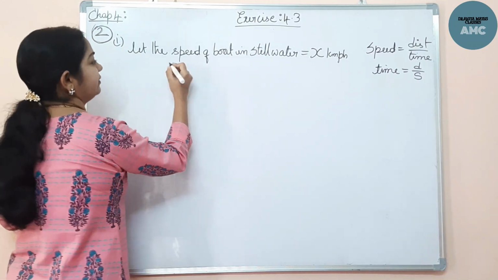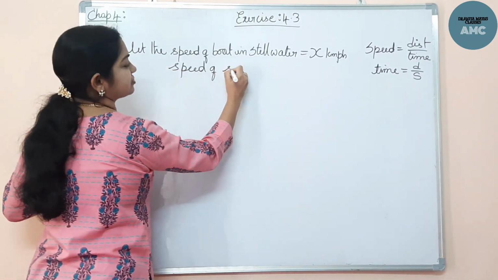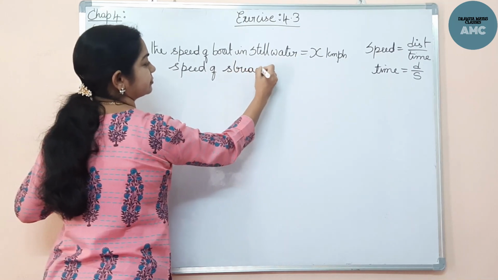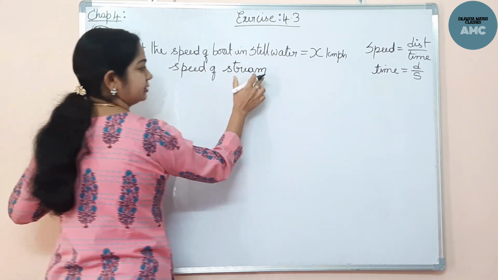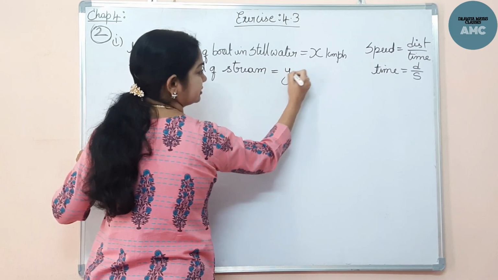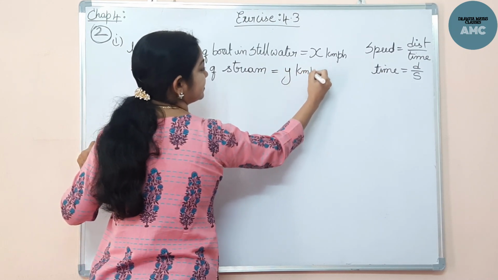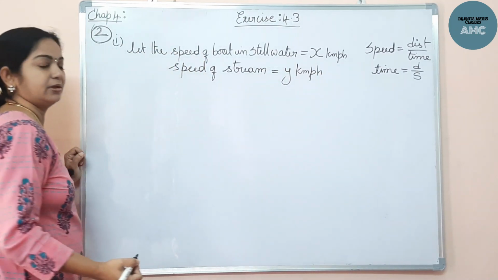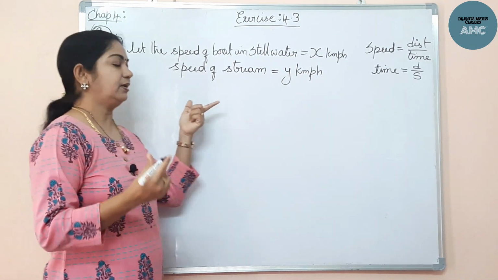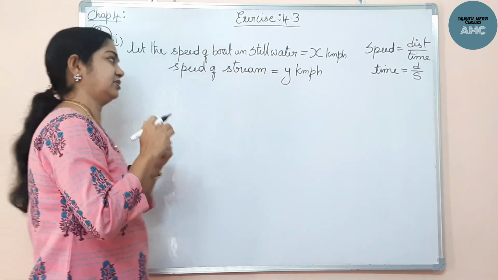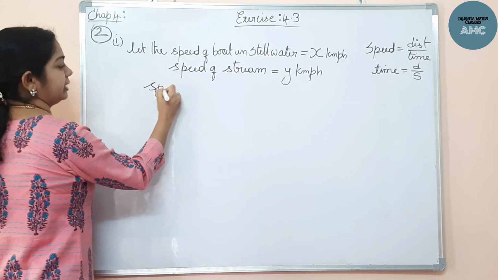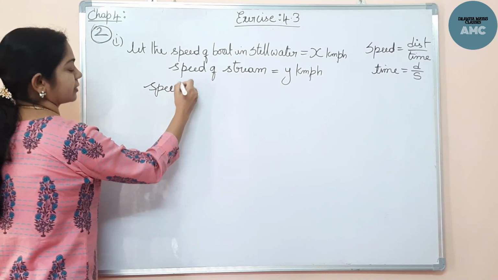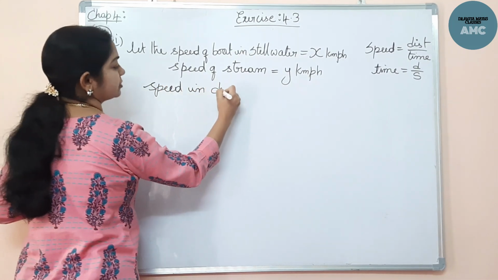Then again we will suppose the speed of the stream here, it's flowing, isn't it? The speed of the stream, let us suppose y kilometers per hour. I'll suppose them. And also given in downstream and also in upstream. Now, speed in downstream.